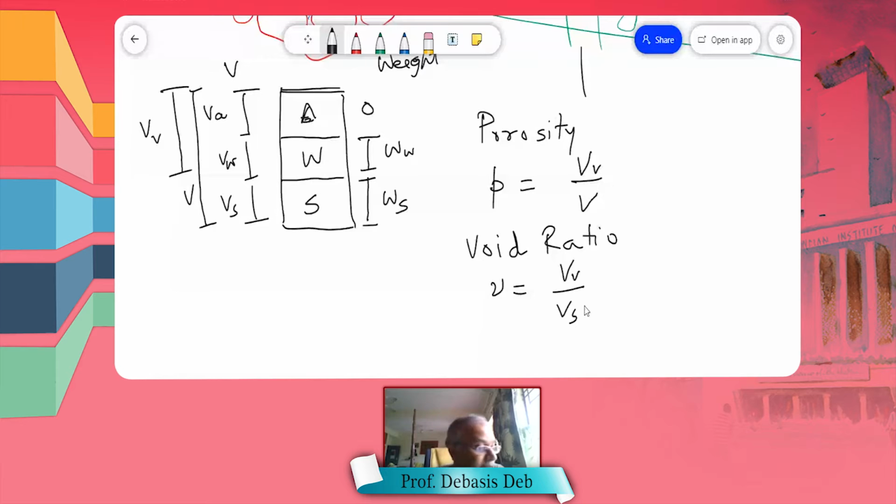Okay, so I can quickly write that the porosity is equal to, you can prove it also, e by 1 plus e. By this definition, this is basically e. So porosity is equal to e by 1 plus e. How will we prove that? You can prove it, right?